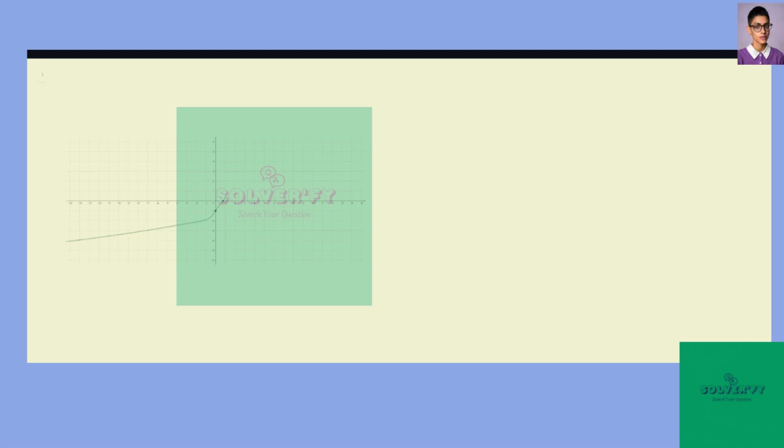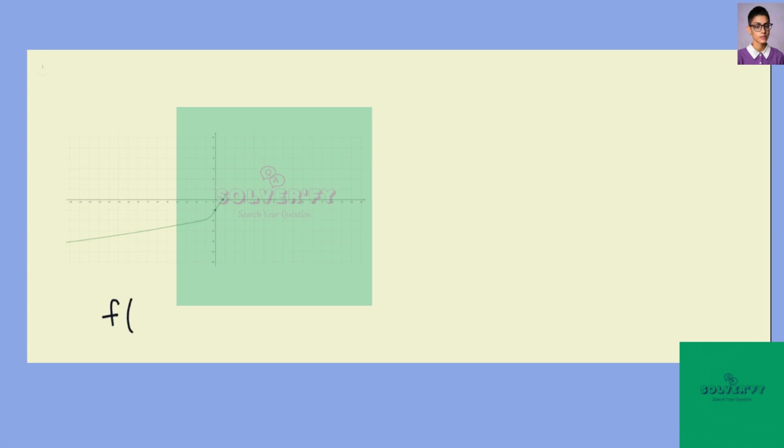Okay, here is the graph of the function, and I subtracted the square root of 1 minus x right away.